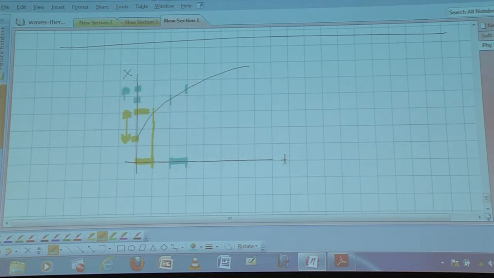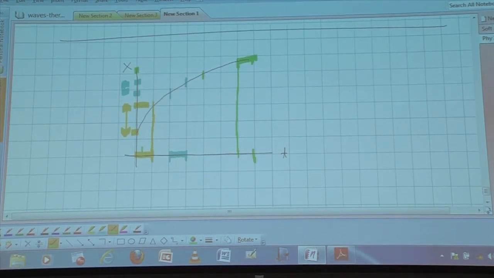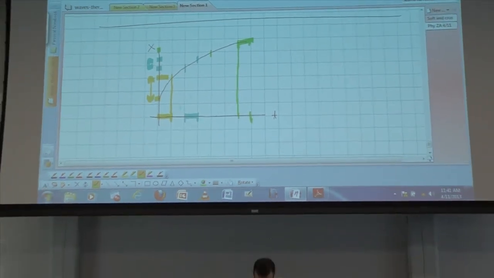And in this time interval, it's got an even smaller distance. So as time goes on, it covers less and less distance in the same time interval. That's one way of looking at it.